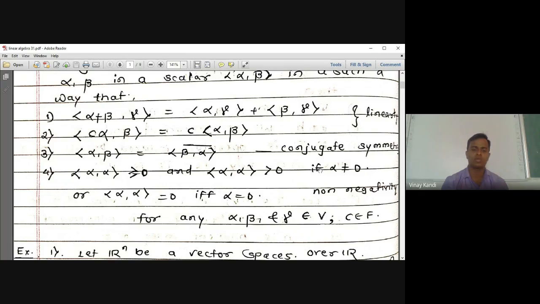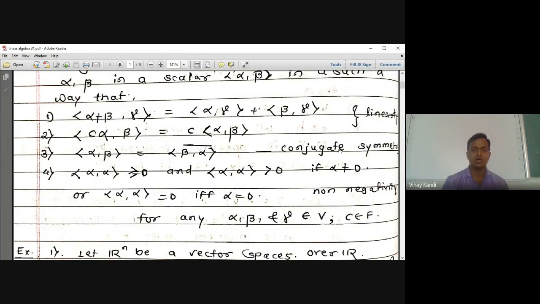If the inner product of alpha and alpha is greater than 0, then alpha must be not equal to 0; and if the inner product of alpha and alpha is 0, it implies that alpha is equal to 0, for any alpha, beta, gamma belonging to V and C belonging to F.